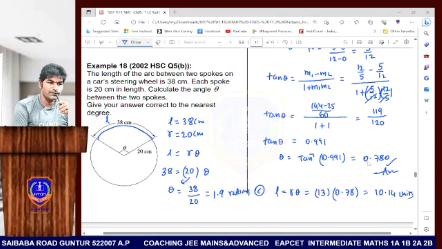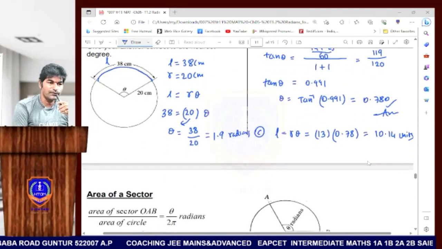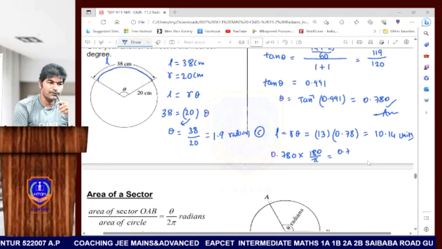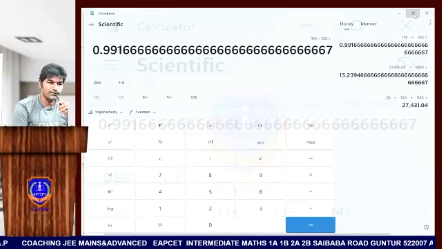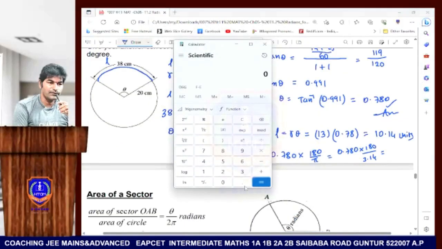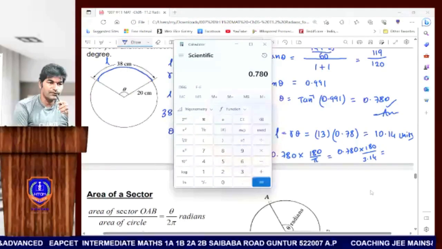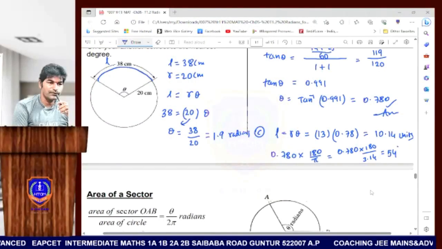So how to convert this 0.780 into degrees is to just multiply this number by 180 by pi, where pi is 3.14. Calculate this value. 0.78 times 180 divided by pi gives 54.71.